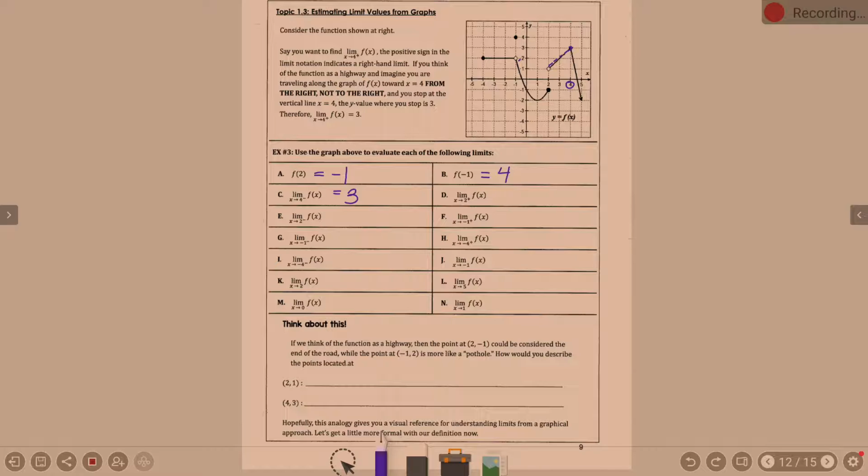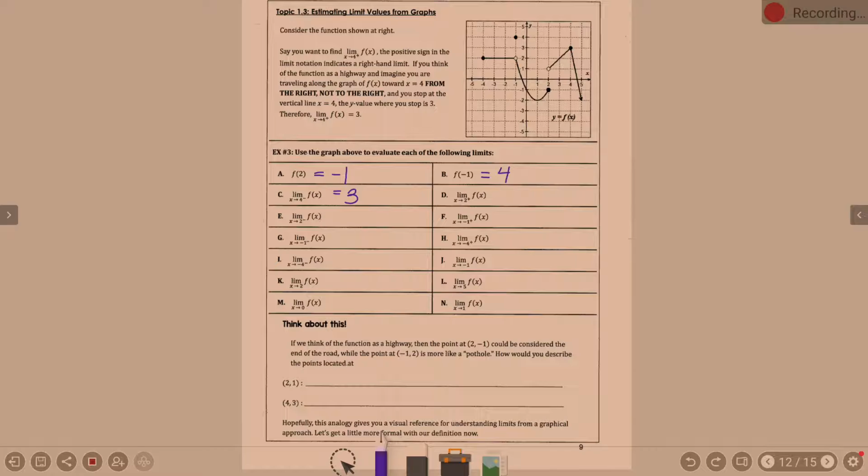The limit as x approaches 2 from the right. Get some of these extra pieces off here. So find 2 and go towards it from the right. If you're finding 2 and we go towards it from the right, what y value are we approaching?